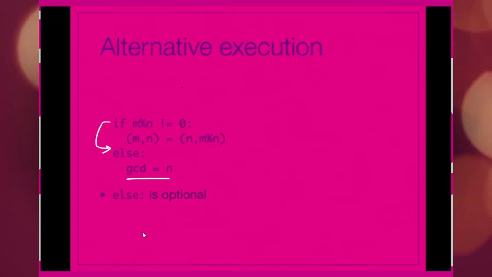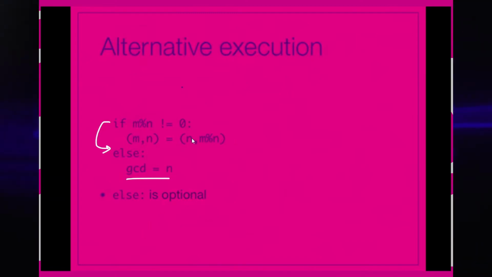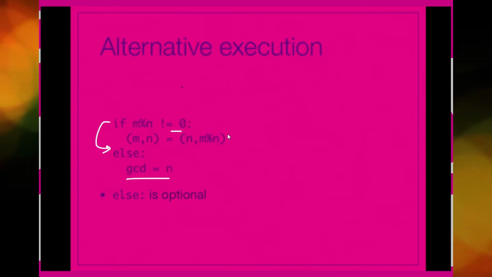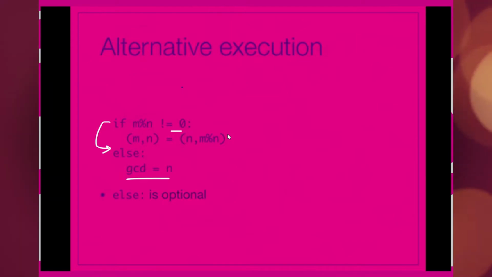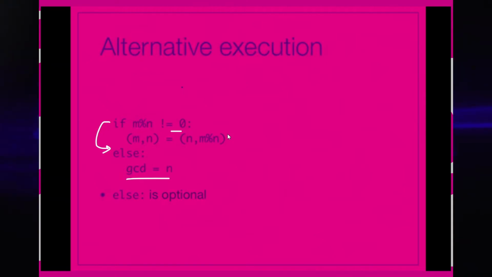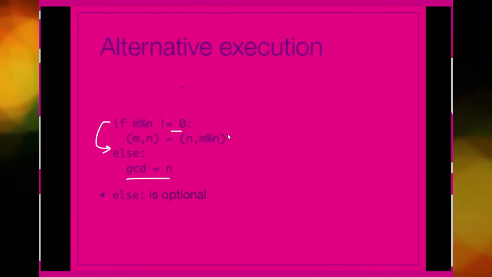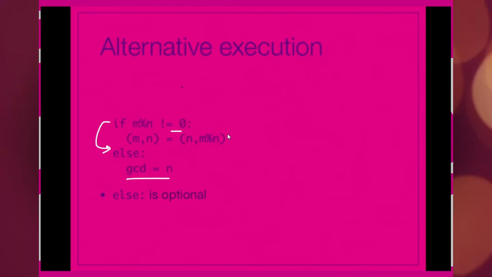Else is just optional. That is, if your condition is not true and you want something to be printed. For instance, in this program, in the previous video I told you to just go for the if condition. We have given a specific condition, that m divided by n should not be equal to 0, that is, its remainder should not be 0.